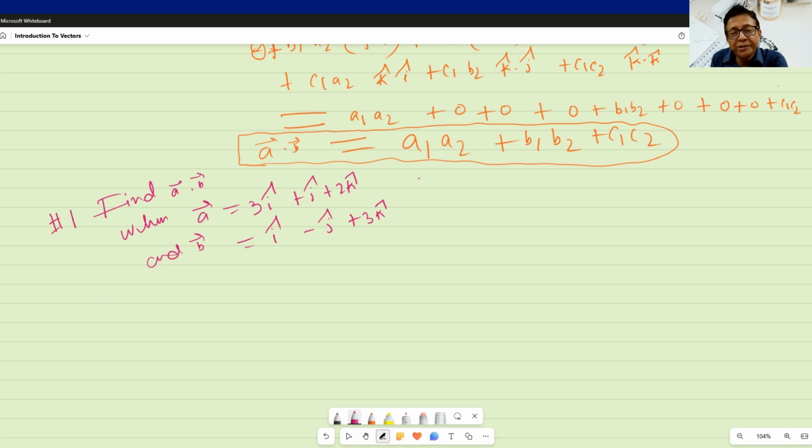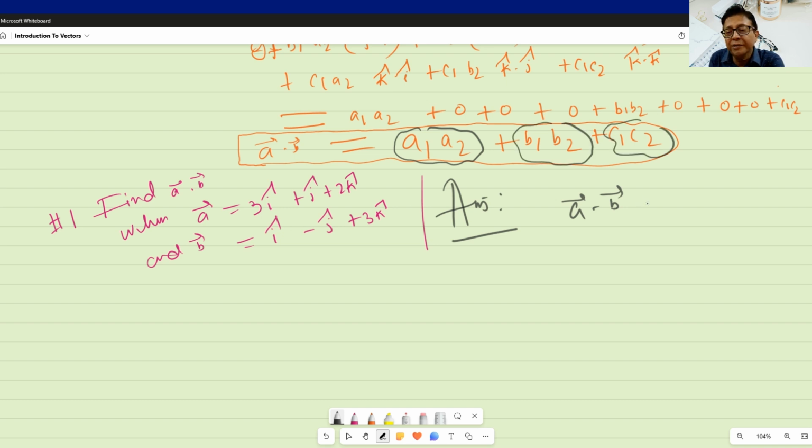This is very easy. The answer will be A dot B. Simply we observe that A1 A2 exists, B1 B2 exists, C1 C2 exists. So here it will be 3 minus 1 plus 6. This is 8. No need to show the multiplication. The result is A1 A2, B1 B2, C1 C2, so we'll put it there.